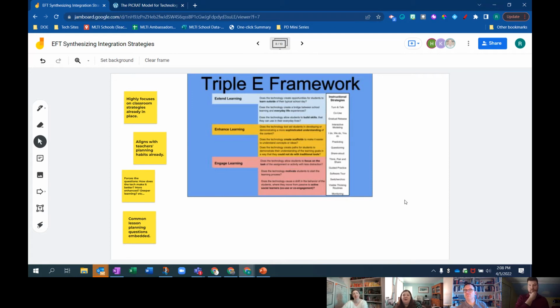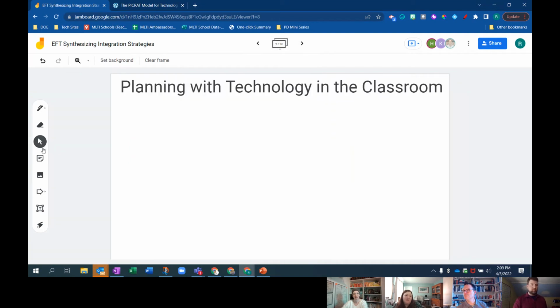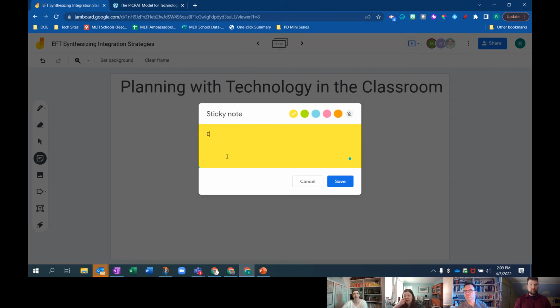So we talk a lot in technology about making sure that we're choosing the right tool for the right task. And I see where each one of these has a role.